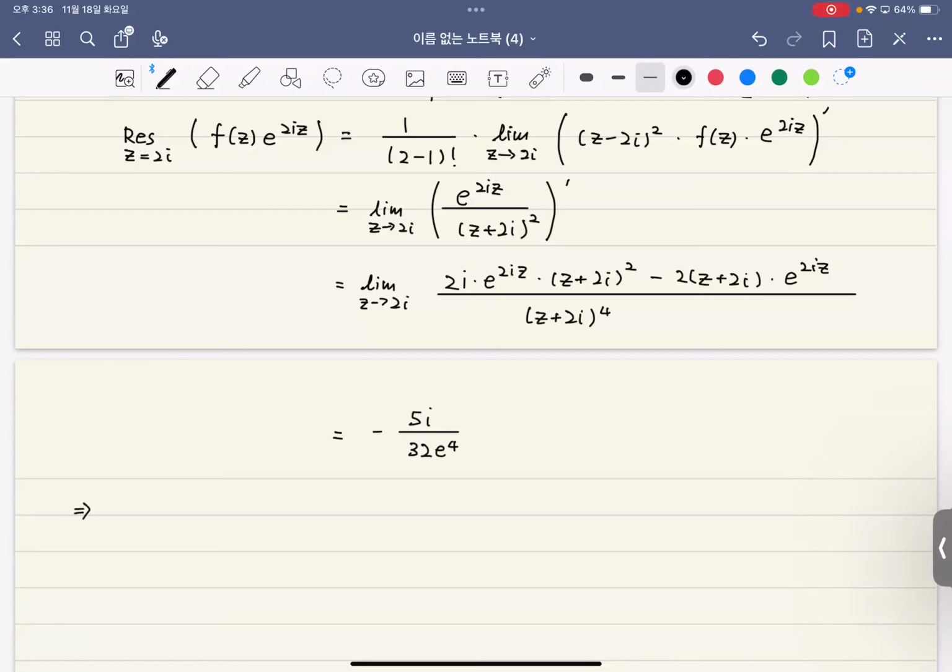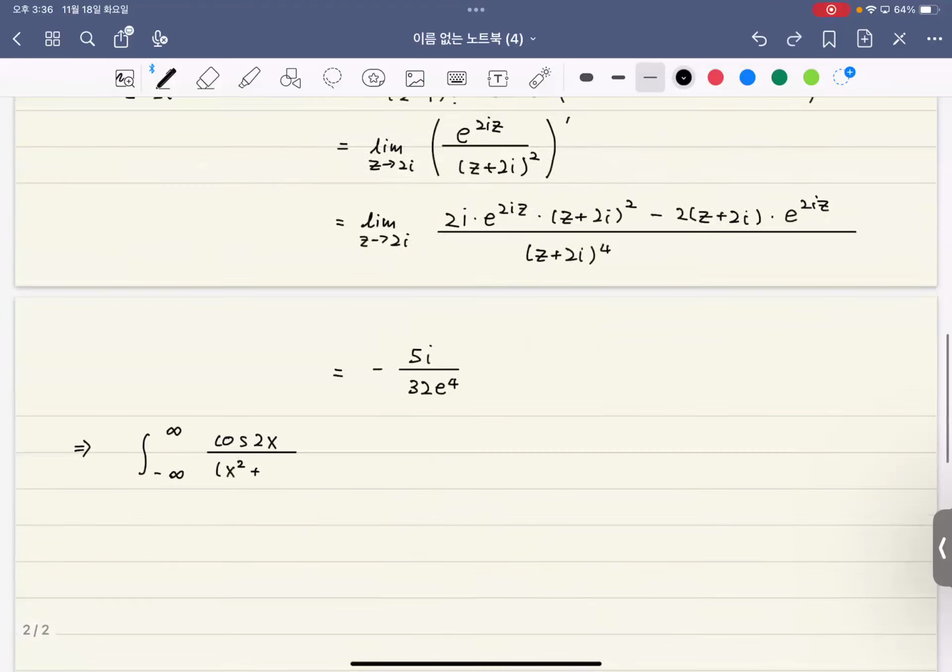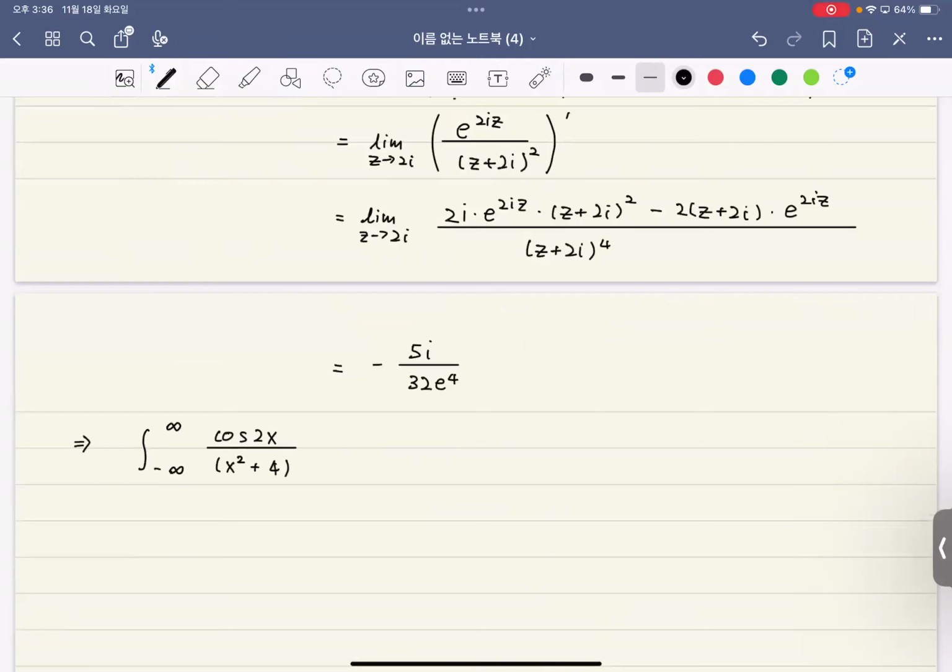So the integral from minus infinity to infinity of cosine 2x over (x squared plus 4) squared should be the real part of, well, my one and only residue. So we are taking the real part of 2 pi i times this residue.